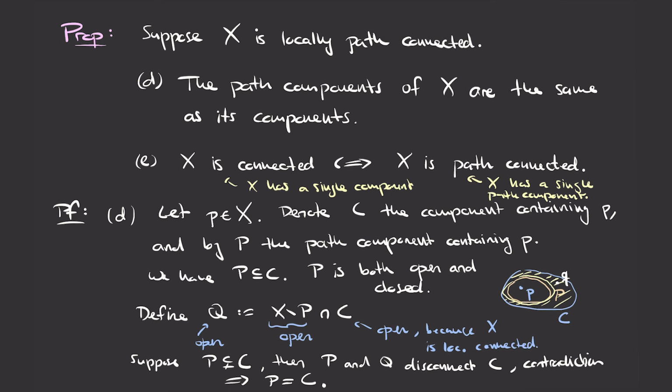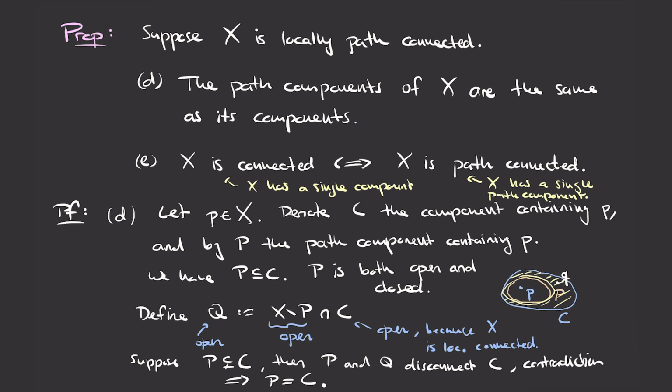Okay, so all of this video was fairly technical, but the main take-home message is that whenever your space is locally path-connected, then the notions of connectivity and path connectivity coincide. And moreover, these tools of using path components and components can be very useful in arguments in general.